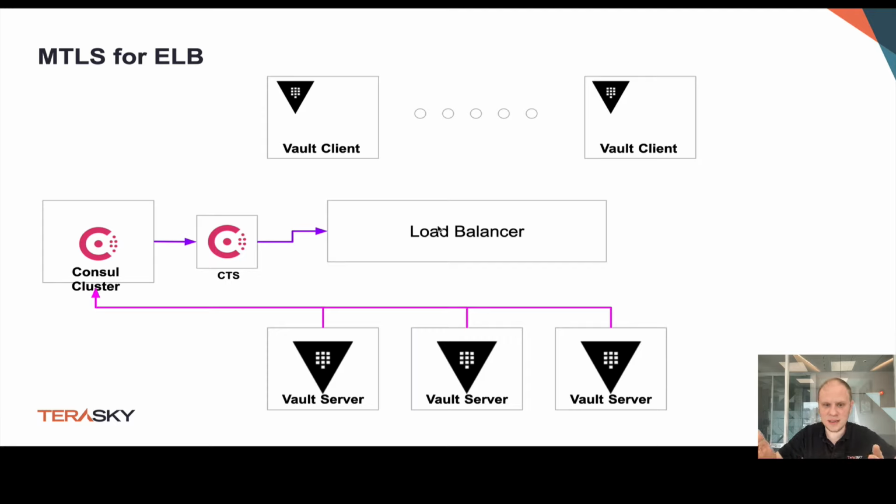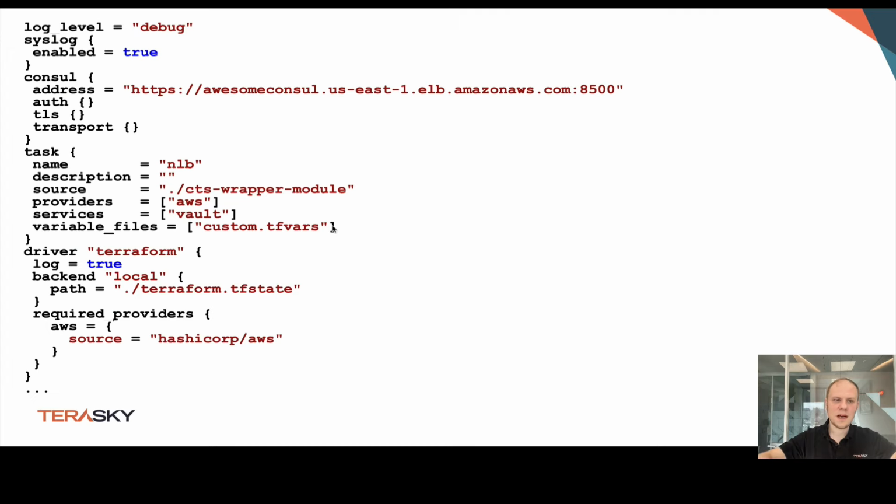So we tried to solve it, but this was the best highly available solution that we found, and this CTS is pretty much stateless, so it can fall and we can get a new one, and it's a pretty resilient solution.